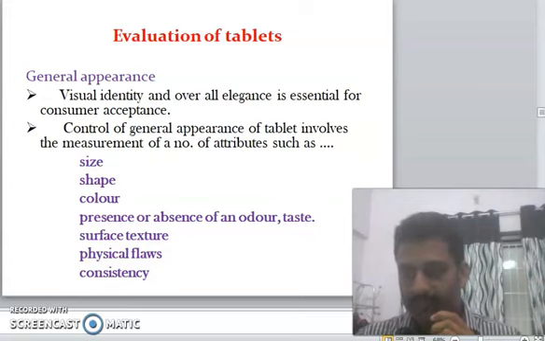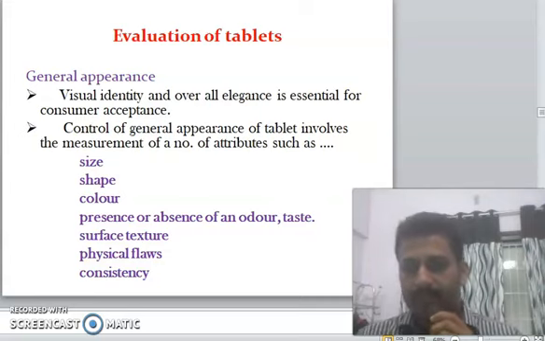So these tests are called official tests, where the standards and everything are explained in the official pharmacopoeias. Examples of official tests are the content of active ingredient, uniformity of weight, uniformity of content, disintegration studies, and dissolution studies.